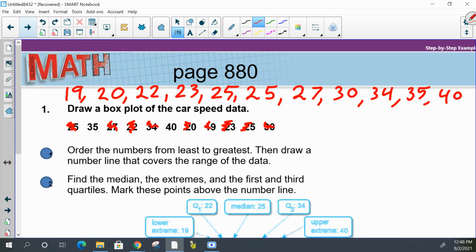And 40. All right, they're all in order from least to greatest.